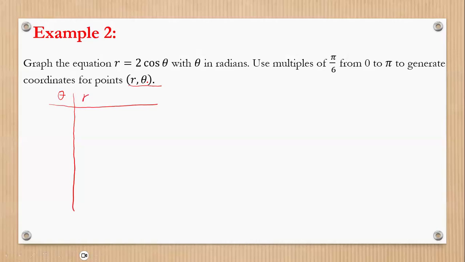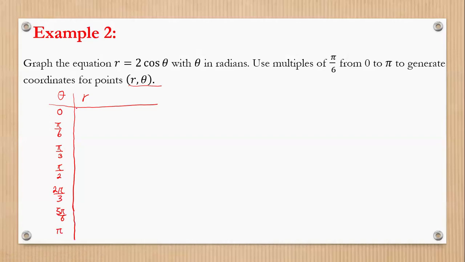Since I want multiples of pi over 6, I start with 0, 1 pi over 6, 2 pi over 6, 3 pi over 6, 4 pi over 6, 5 pi over 6, and 6 pi over 6. I just wrote them in simplified form.